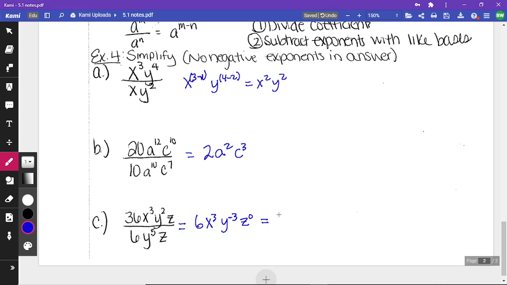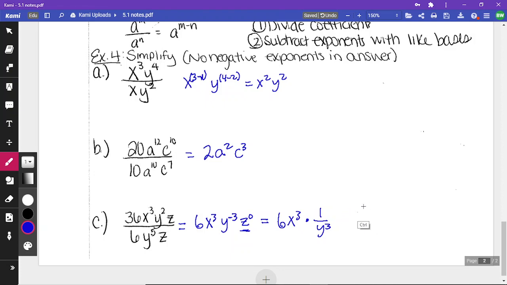So we write that, and this time I'll go ahead and sort of write that out just to show exactly what's going on. I replaced y to the negative 3 with 1 over y to the third. And then the z to the 0, we can take care of that right now. That's 1, right? So we do not have to write down times 1.